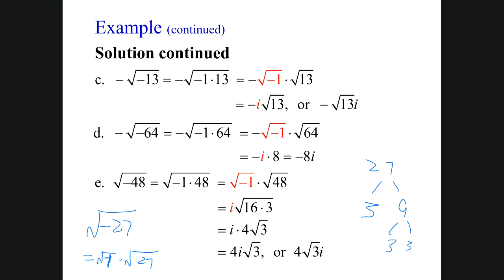So now you can write this one as 3 squared times 3, right? And 3 squared, take the square root, will be 3. So this will be 3 square root of 3 and then i in here. Make sure i is not inside the square root, okay? So that is how you do this type of problem.